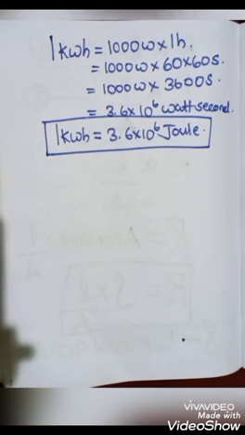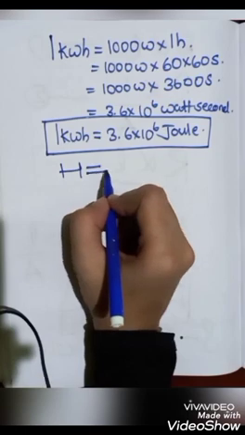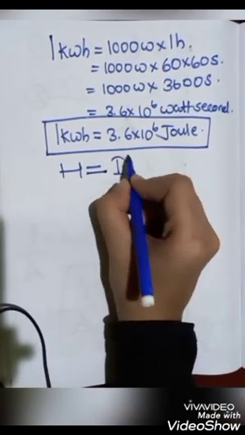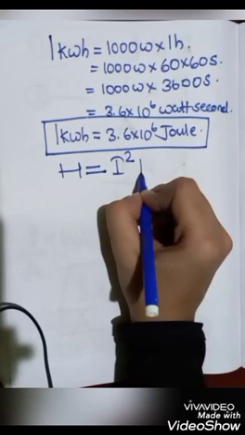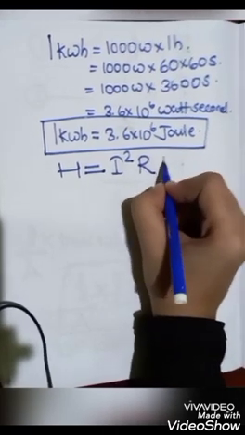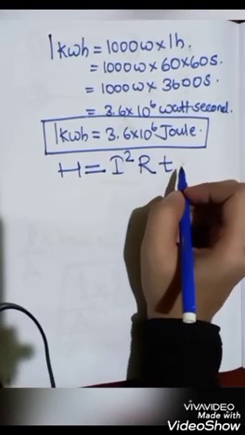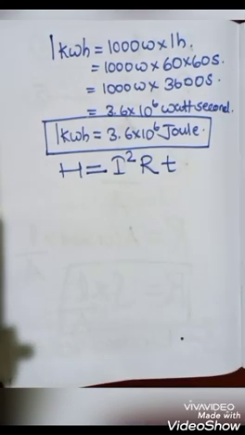According to Joule's law of heating, the heat produced is directly proportional to the square of the current, the resistance of the resistor, and the time for which the current flows through the resistor. Then we studied some conversions, kilowatt hour into watt hour and kilowatt hour into joule, and this kilowatt hour is commonly called a unit. You can see it in the electricity bill.